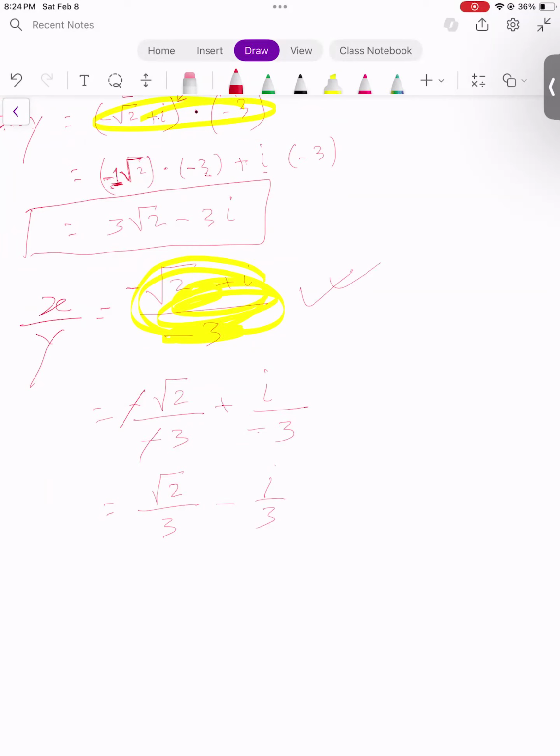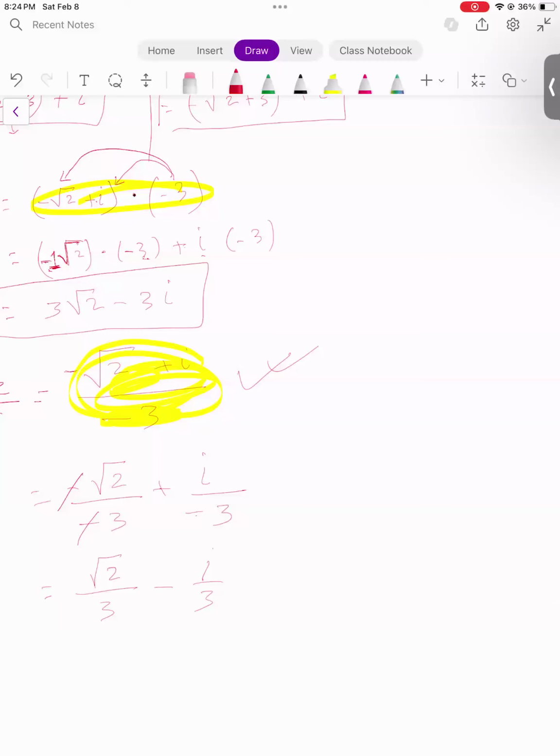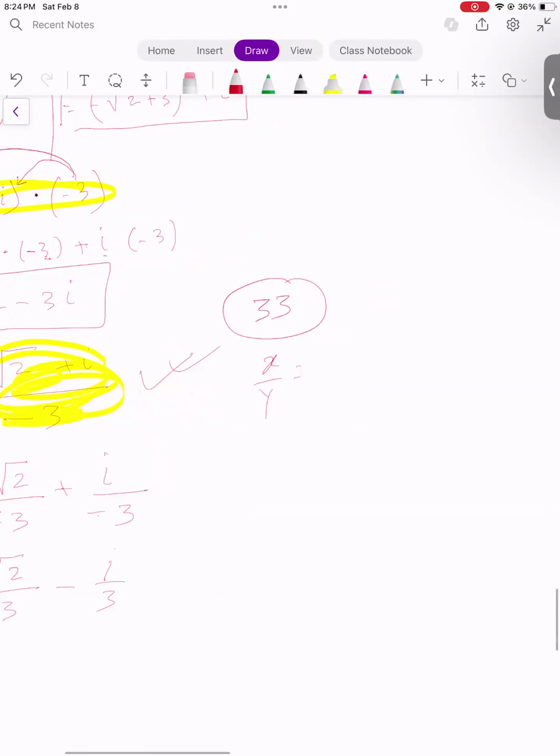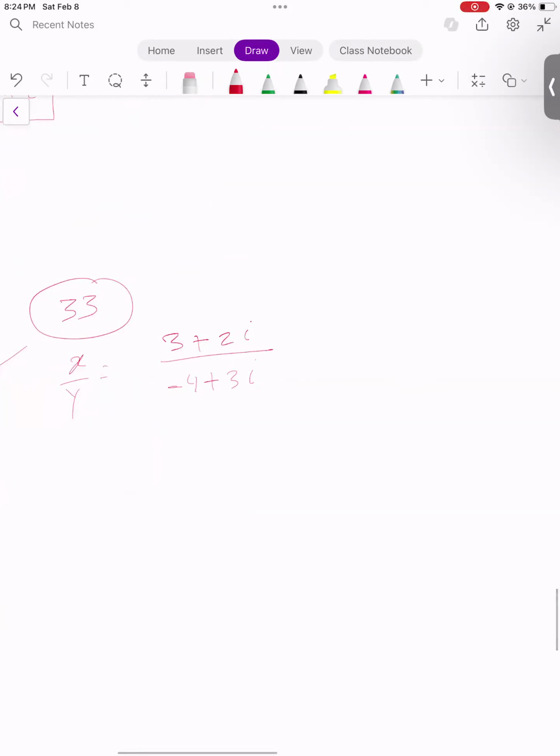It's correct. But what if you have i, or a complex number, in the denominator? Like number 33, if we are finding x over y. For number 33, our x is 3 plus 2i, and our y is negative 4 plus 3i. Here we have a complex number in the denominator, and we don't want that.